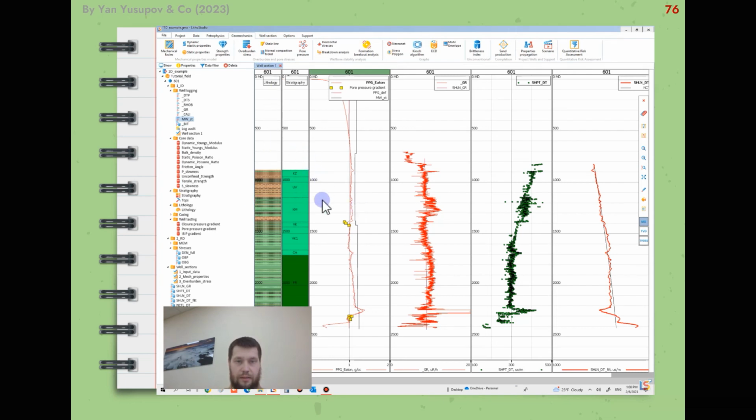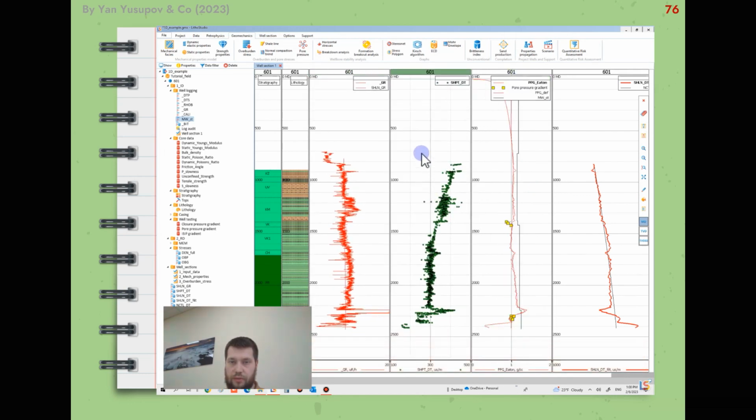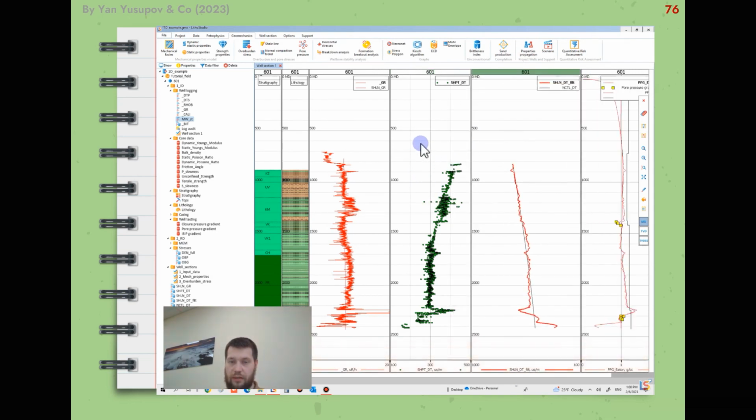At last, let's make the well section with the pore pressure calculation. The first track will be stratigraphy, then lithology, then gamma ray, shale point DT, shale line DT, shale point DT.